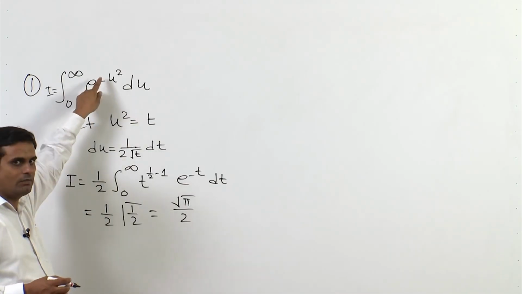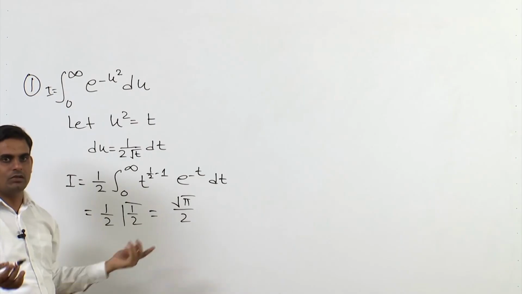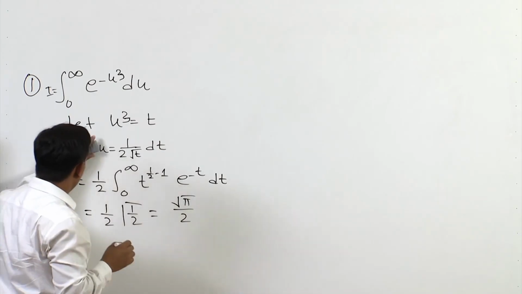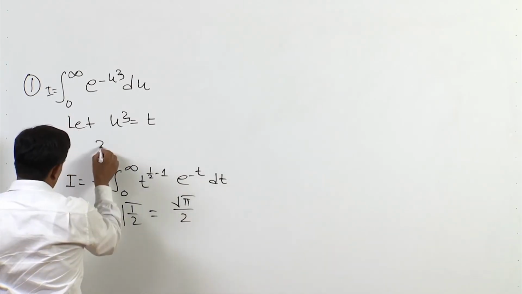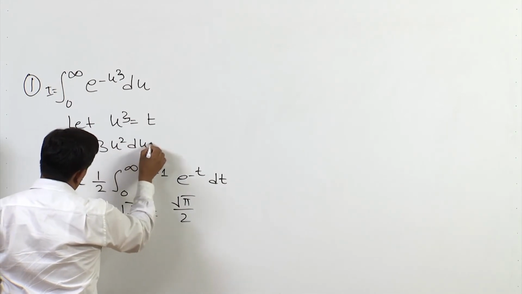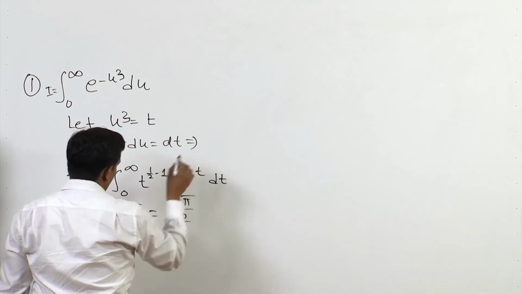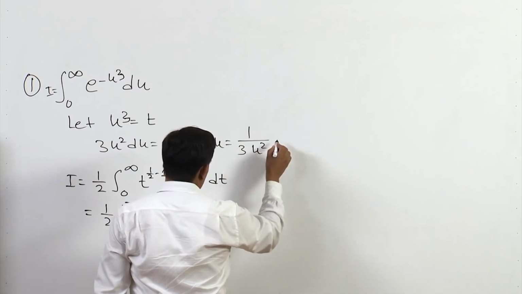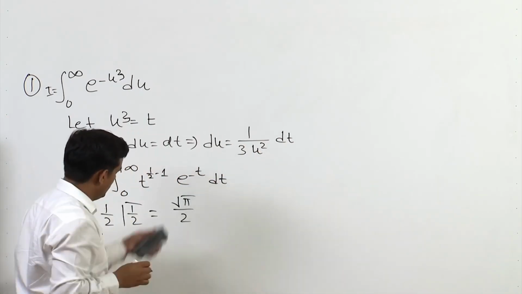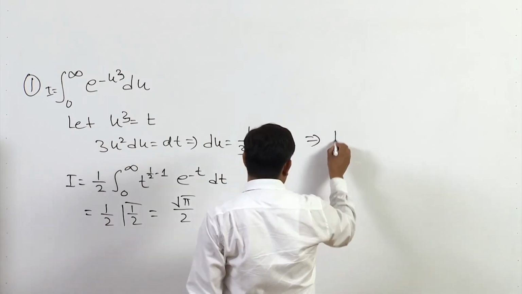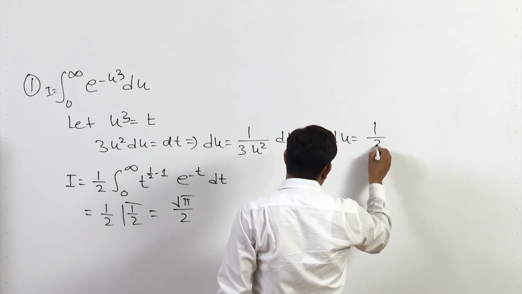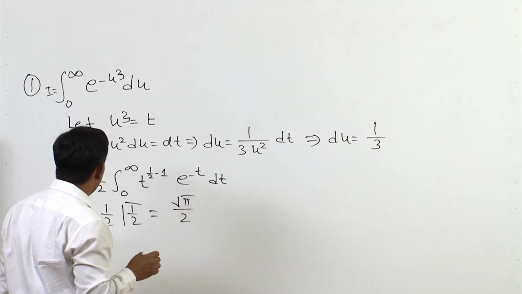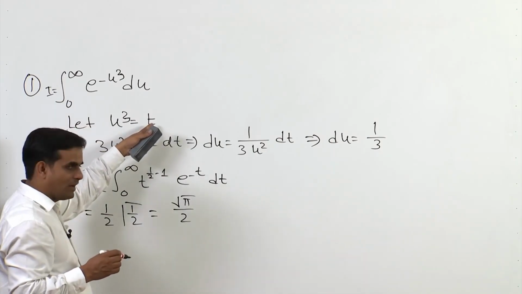Similarly, we can solve it for any power of u, like u cube. So, if it is u cube, I will write u cube equals to t. Then it will become 3 u square du equals to dt. From here du will be 1 by 3 u raised to power minus 2 dt. So, u equals to t raised to power 1 upon 3.